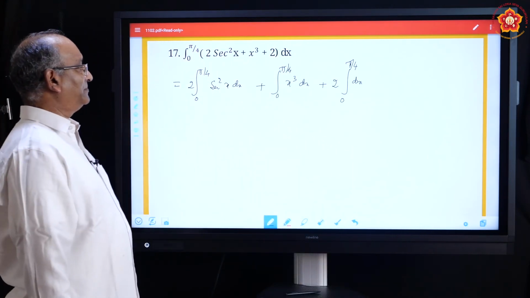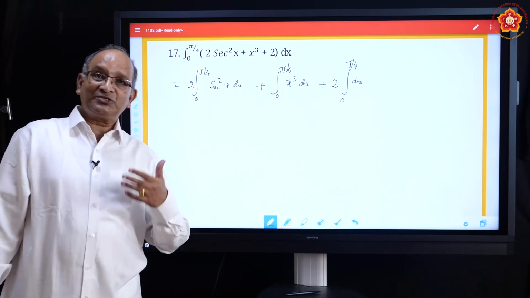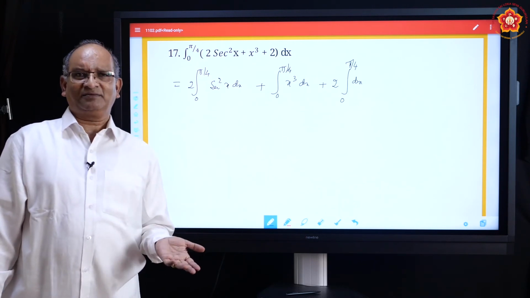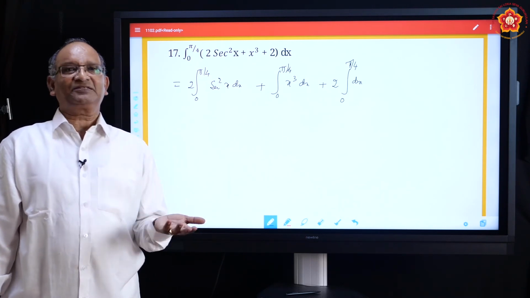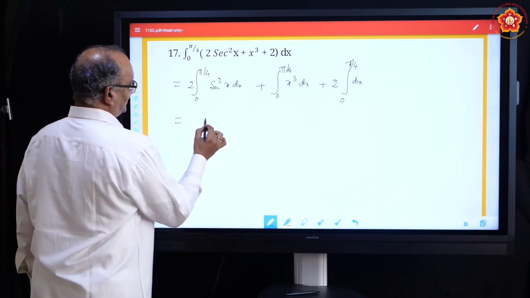This is our problem. Try to recollect. Which is the function whose derivative is sec square x? Tan x. So integral of sec square x is tan x.